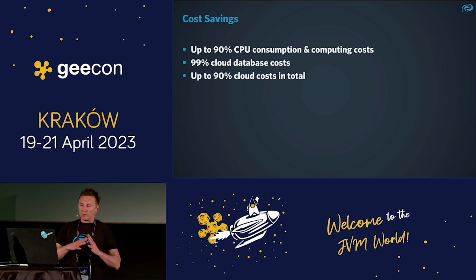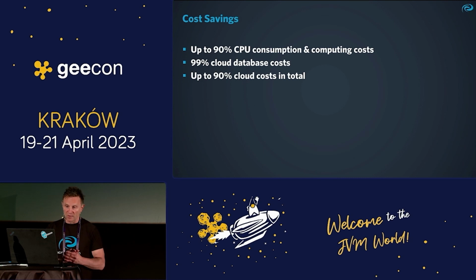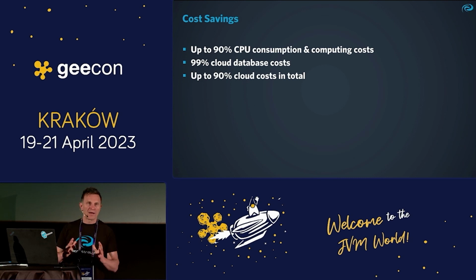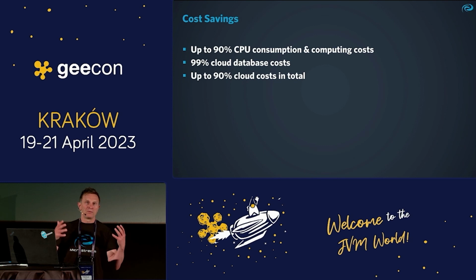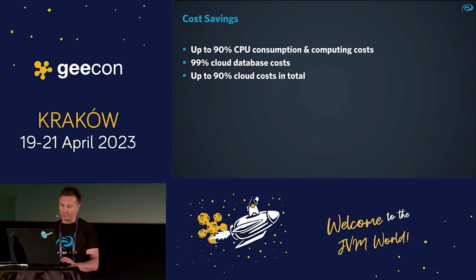And in terms of saving costs, it's more than 99% cheaper to use a cloud blob store in comparison to a database as a service. And we didn't talk about database license fees, so you will save those on top of that.